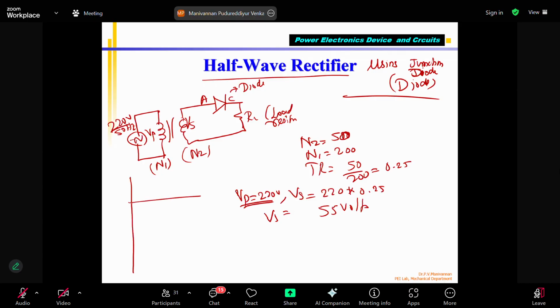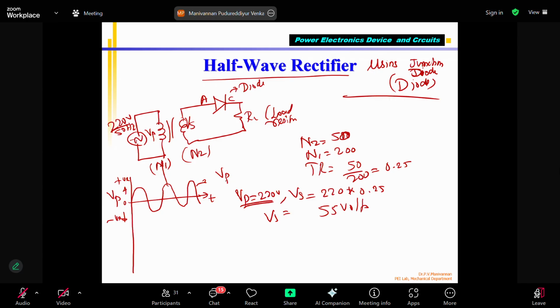The input voltage is sinusoidal in nature. This is the VP axis. Here it is 0. This side it is positive, this side it is negative. So it is varying sinusoidally. Correct? Already you know that. Now, I give this voltage to the primary, 220 volts.